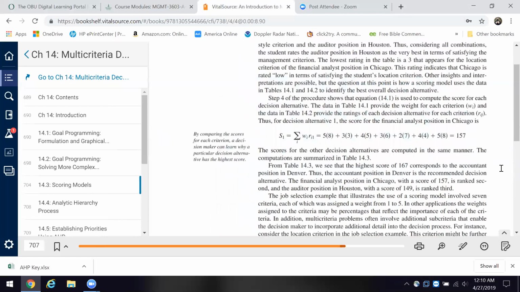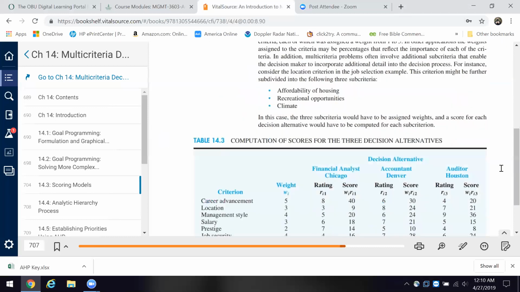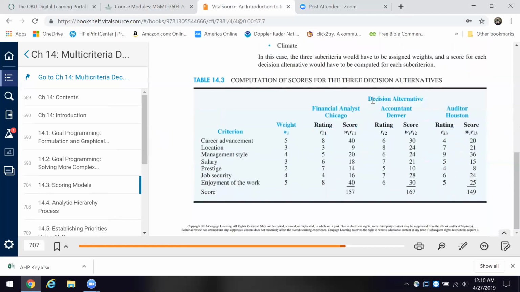And they show us equation 14.1, which is how we get the sum of those. Then we get some sub-criteria built in: affordability of housing, recreational opportunities, climate.